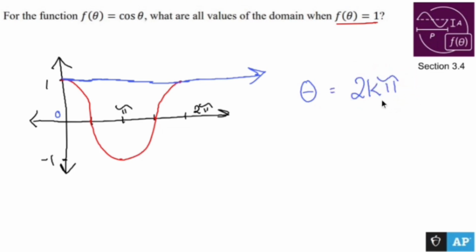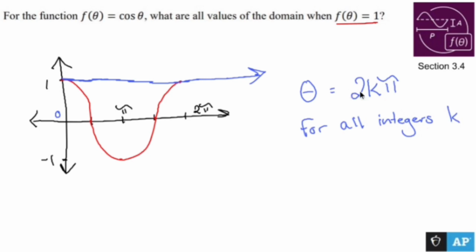Now, what is k? K is all integers, for all integers k. If k is 1, 2 pi makes sense.